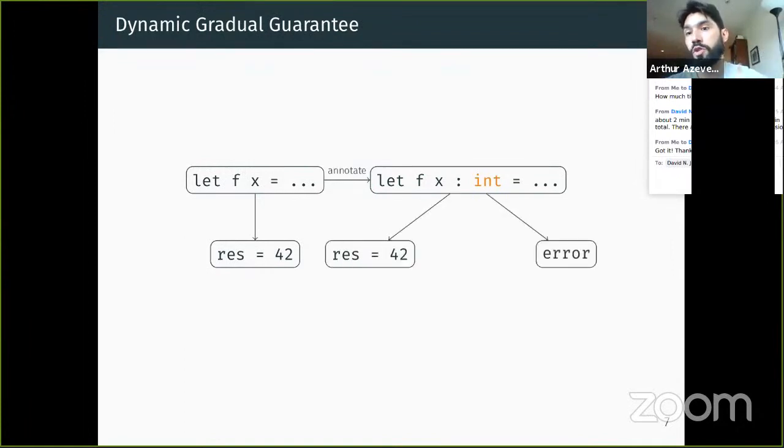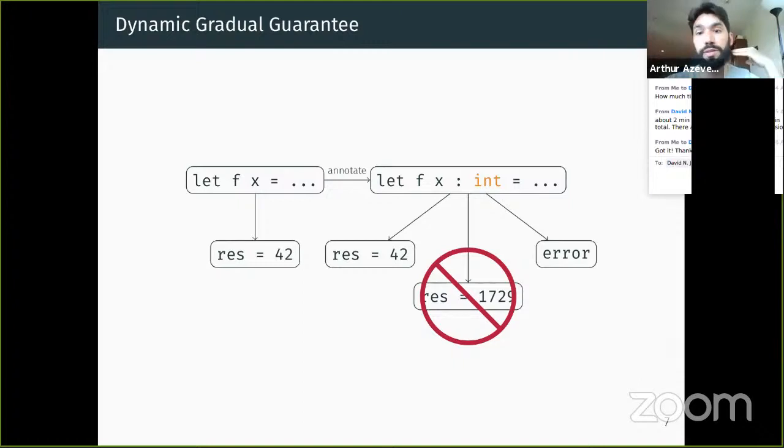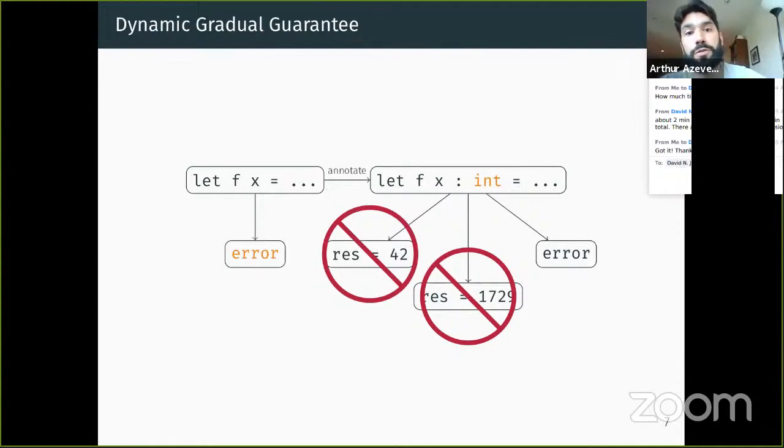Thing number two, the program results in an error in case the type contract imposed by the type annotation is violated. It cannot be the case that the program returns some completely different result, right? Now, what's interesting is what happens if the original dynamically typed program resulted in an error, perhaps because it tried to add a string to an int or something like this.